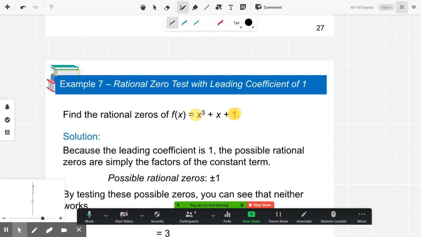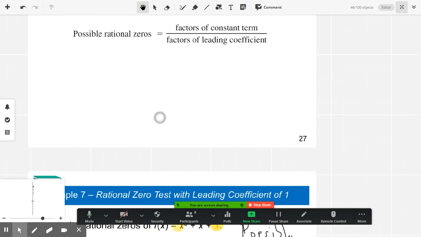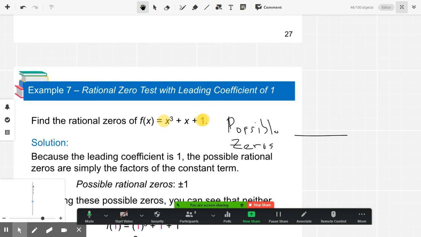The possible zeros come from the numerator, which is from the constant term. The constant term is 1. The only factors of 1 are 1 times 1, so the only possible factors are positive 1 and negative 1. I'll write it as plus or minus 1. Same thing, the leading coefficient is 1. The only thing that multiplies to 1 is 1 and 1.